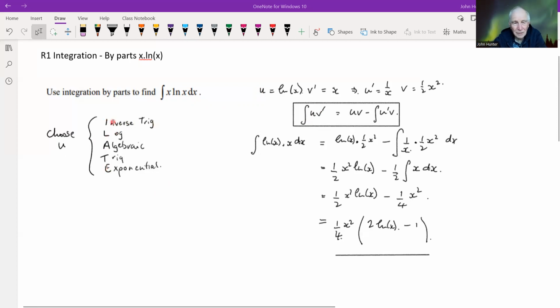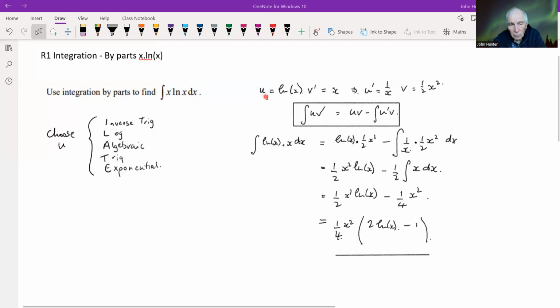We're not usually too bothered about the inverse trig. It's these here. The type of function that's higher in this list gets to be u. So our log factor is going to be our u, and therefore x is going to be the derivative of v.